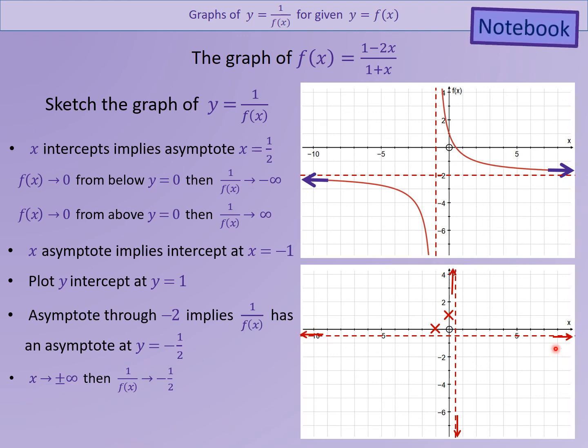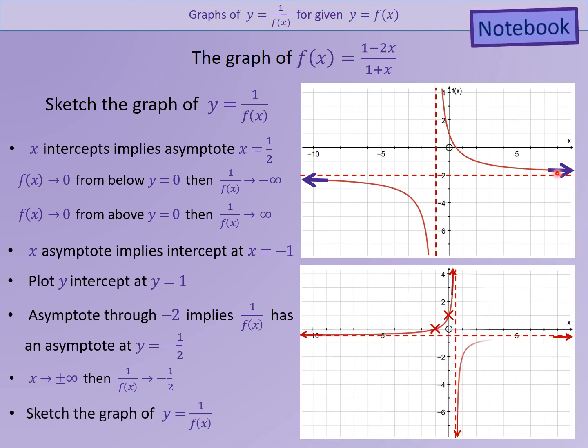On this side, anything that approaches below it there will go above it here. Okay, so they flip round. And that allows me to finish off sketching that graph. And notice it is just the graph of 1 plus x over 1 minus 2x, which you could have plotted in your first year just using your rational function skills.